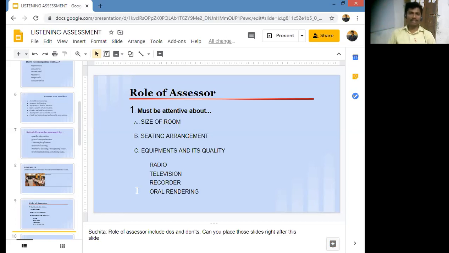For drawing better inferences, we have to understand the role of assessor.